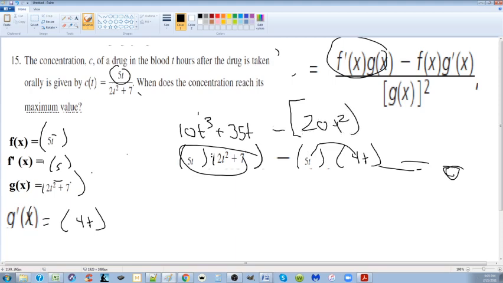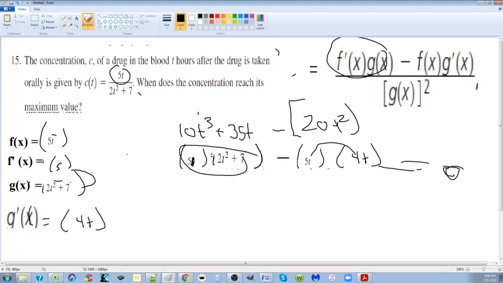And then the minus gets applied. So I'm going to get 5t is that, 4t is that, 5 is that. So I'm going to get 5 times that. It's 10t squared.